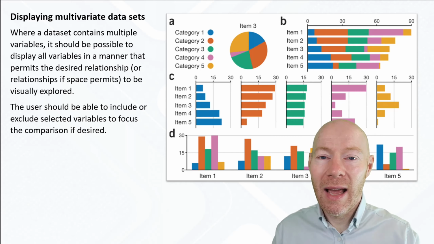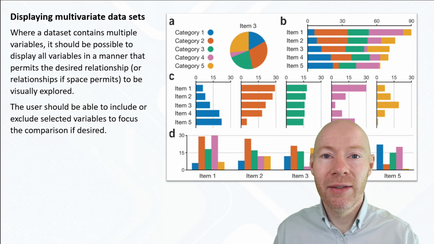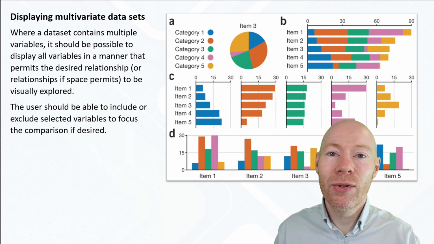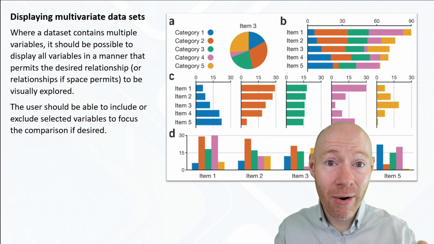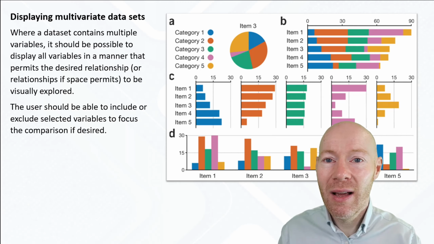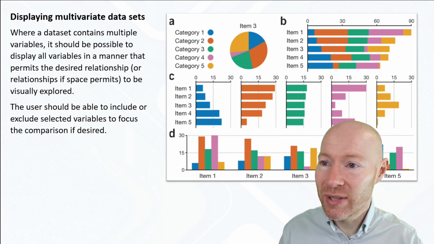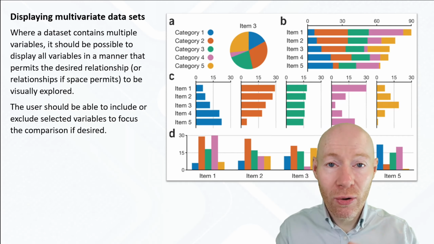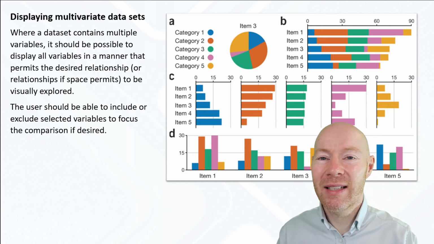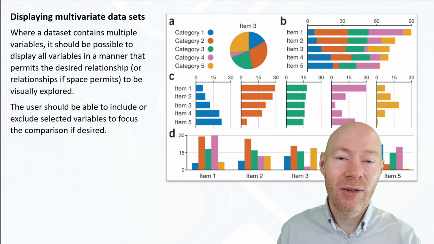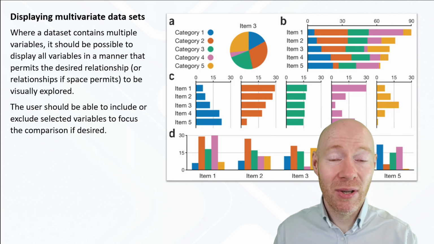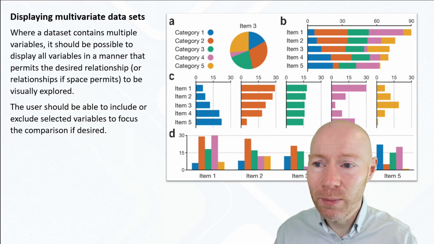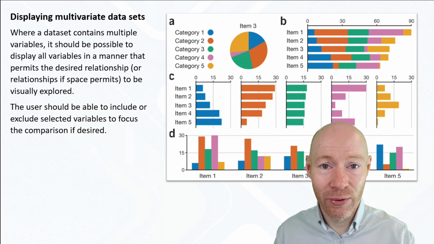Now, if that is the case, and we believe that the user will want to be able to compare elements between this, then it's important that we present the data in a way that enables the user to look at those relationships. So this ties into user goals in terms of us understanding what types of comparison the user may want to do, and then enabling the user to do it.